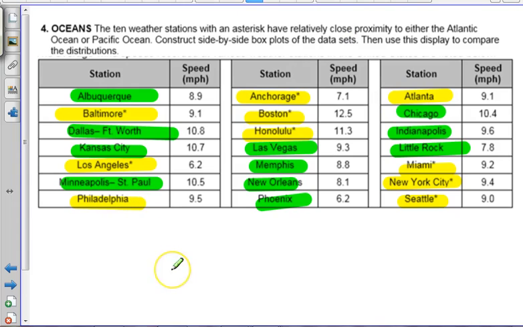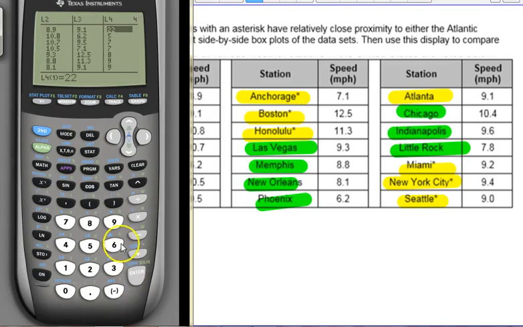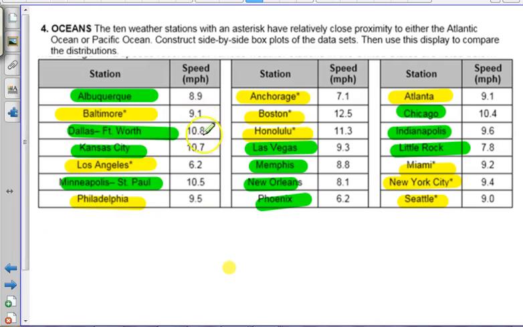All right, we're going to put them in 2 separate lists and do 2 comparing box plots. So I want you to go back to Stat Enter. And in one of your lists, you're going to put the unstarred ones. I'm going to read them if that's okay. So you can erase list 1 and put these in list 1 if you want.